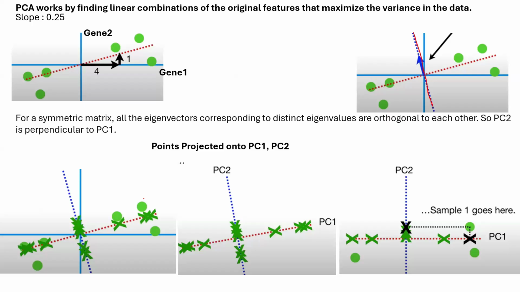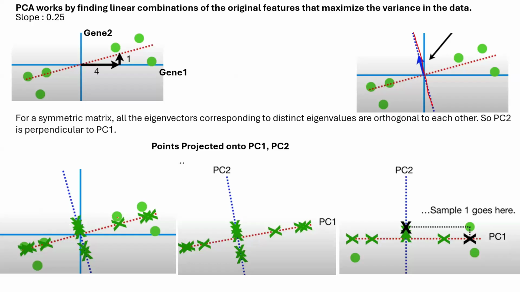Okay, now you calculated PC1, you calculated PC2. PC2 is nothing but just perpendicular to PC1. And now what I am doing is projecting these points onto both the axes.